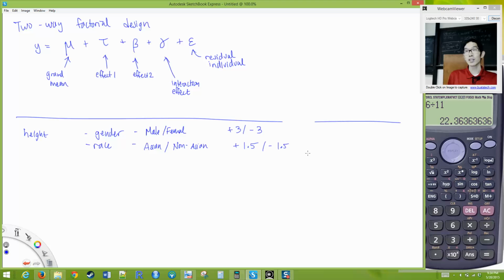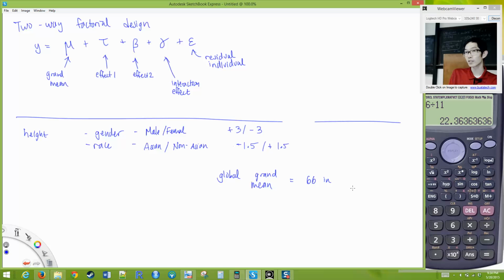Under this, let's say the global grand mean for height is like 66 inches or something like that. This is probably too much of a difference for the Asian versus non-Asian.